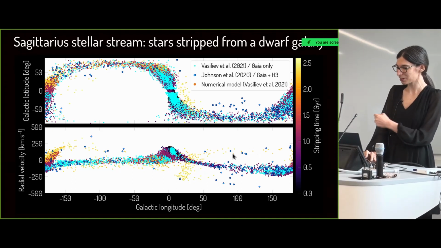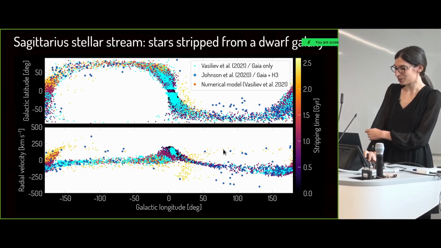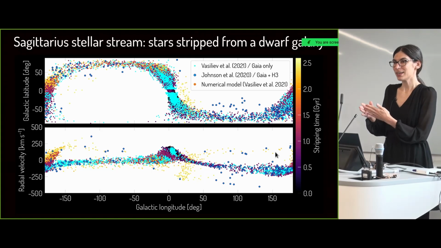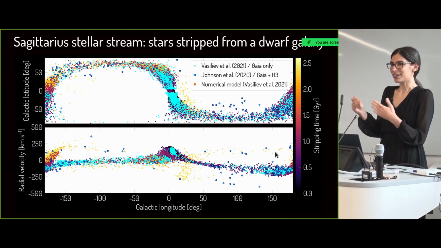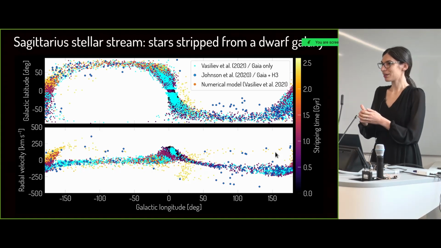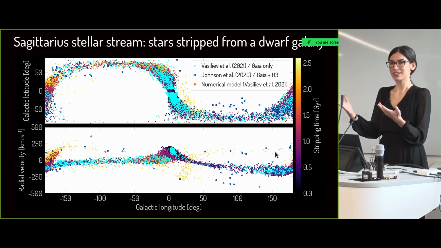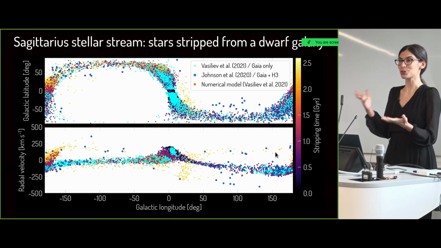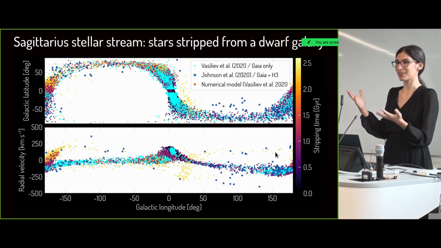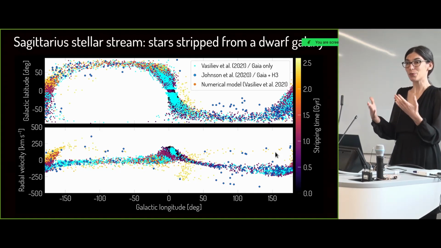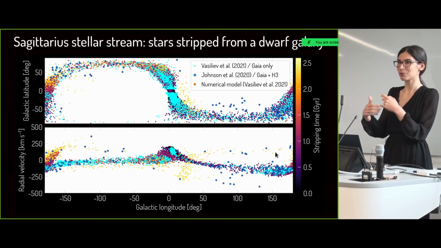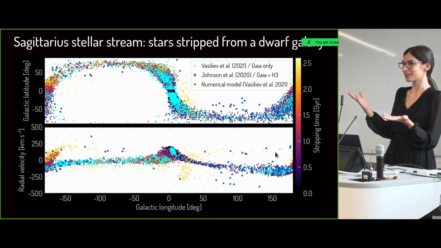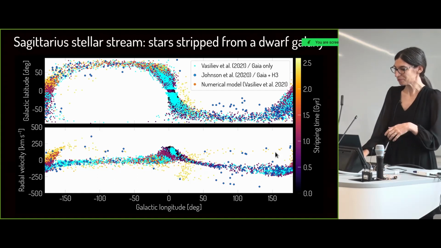And so it looks like our selection, just based on orbital properties, is actually finding these very long ago stripped stars, and maybe provides a hope that we can, in this way, disentangle the full accretion history of the Milky Way, and ask this question: where do we come from, or which are all of the galaxies that came into the Milky Way to form our galactic environment as we have it today.